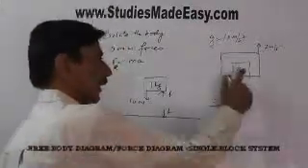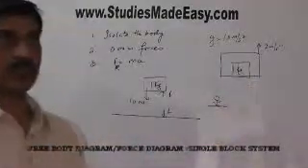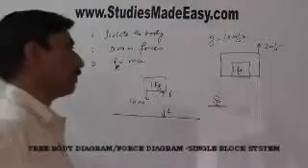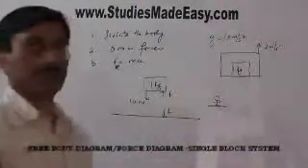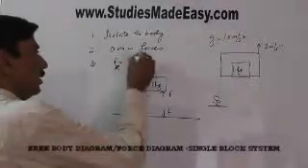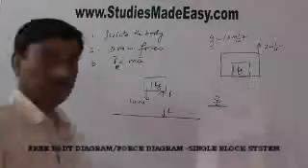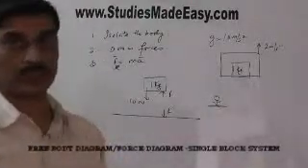So the acceleration of this block, as seen by this person who is going to write the equation F is equal to ma, is 2 meters per second square upwards. The direction of acceleration and the direction of net force have to be the same.